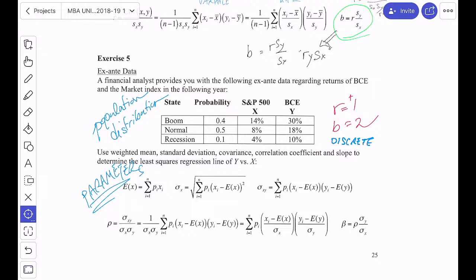So with this kind of data, I left you to calculate the weighted mean, the weighted standard deviation, the weighted covariance, the weighted correlation. This is a simpler way to view the formula for doing that, but I spelled it out, which looks way more complicated. But it shouldn't be complicated when you understand that this is analogous to the one we have above, but for ex ante data.